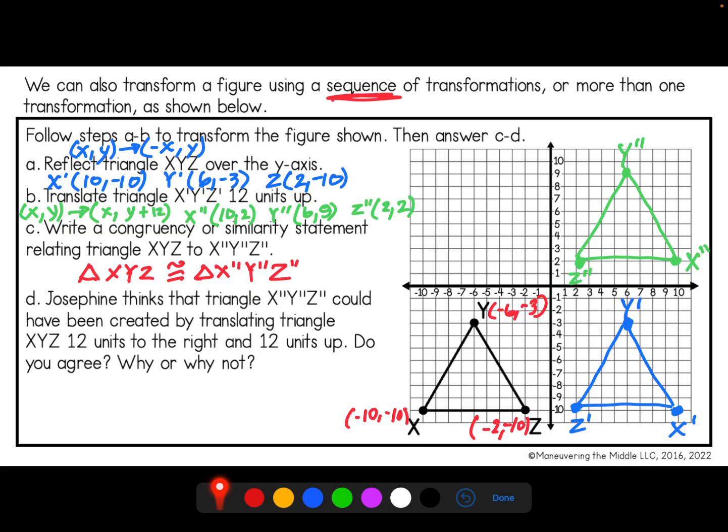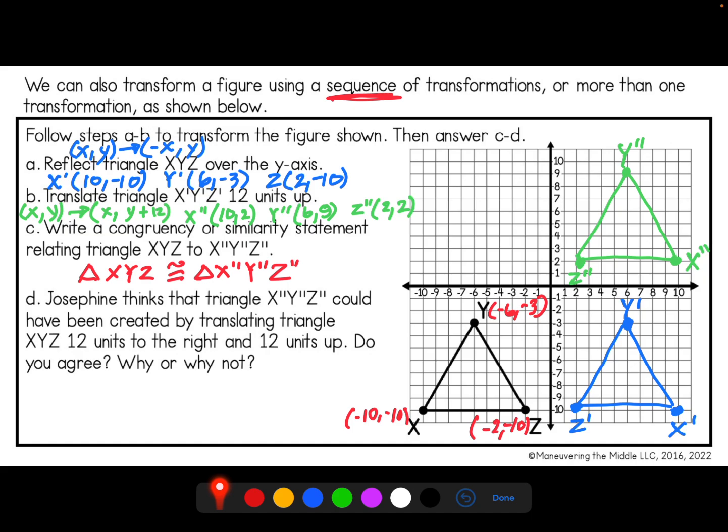Here's the thing. Our first transformation was a reflection. So notice that X, Y, Z, we're going around clockwise, aren't we? And after the reflection, we have X prime, Y prime, Z prime. We're going around counterclockwise.